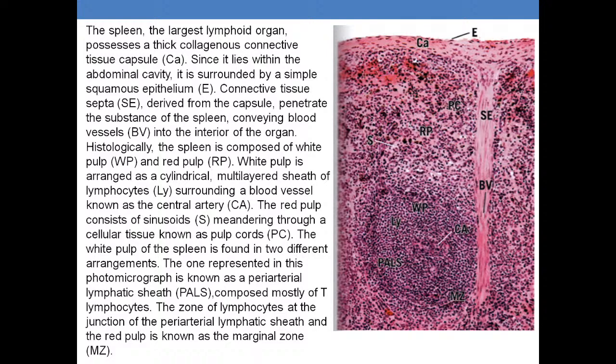The one represented in this photomicrograph is known as the periarterial lymphatic sheath, composed mostly of T lymphocytes. The zone of lymphocytes at the junction of the periarterial lymphatic sheath and red pulp is known as the marginal zone.